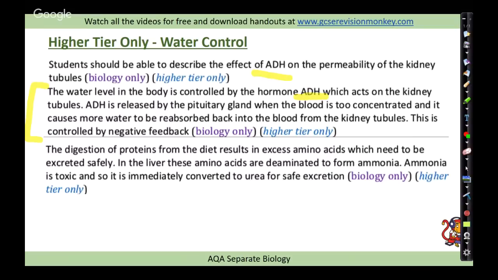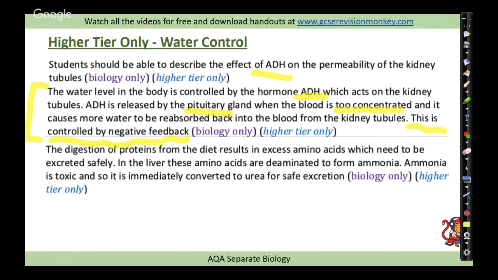ADH is released by the pituitary gland when the blood is too concentrated. That means it needs more water. It causes more water to be reabsorbed back into the blood from the kidney tubules. And this again is another example of a negative feedback system.